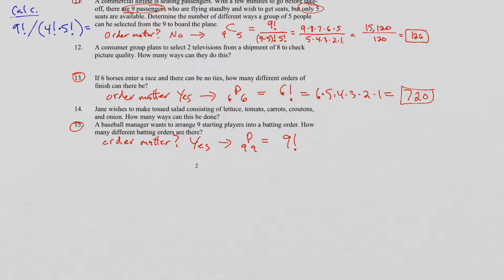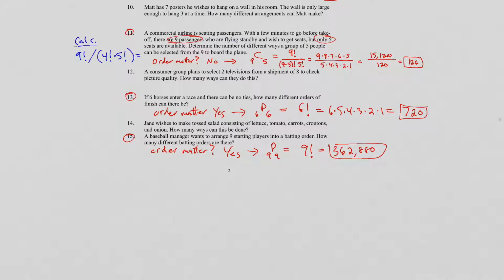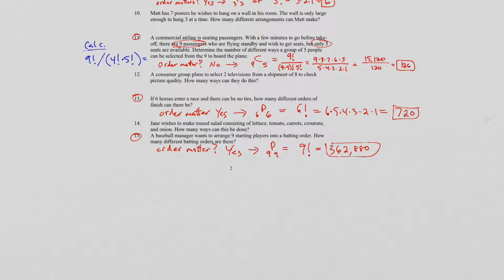We need all the numbers for the 9 factorial. Okay, so that's basically find the exclamation mark in your calculator and hit enter. Okay. And I think we have one more, I believe.